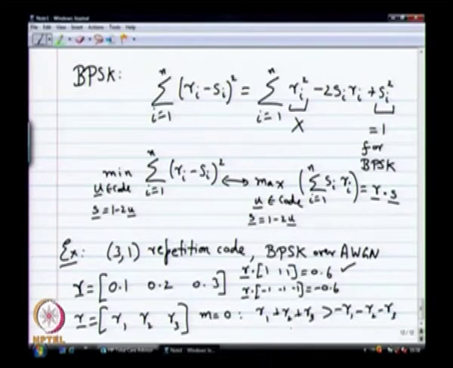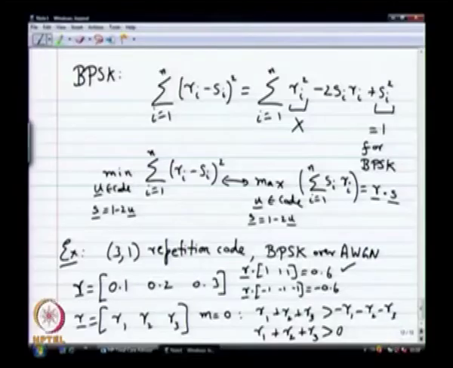So, you can throw it out. So, this becomes equivalent to simply r1 plus r2 plus r3 greater than 0. Okay. So, this is when m is 0. When will you say m is 1? r1 plus r2 plus r3 is less than 0. Okay. So, that is all. It is very easy to look at these two conditions. So, any other r1, r2, r3 I give you, you can very quickly find out.